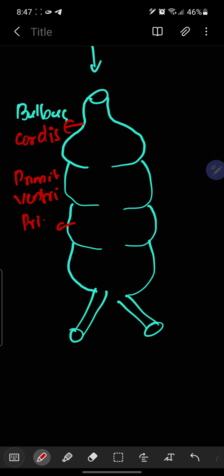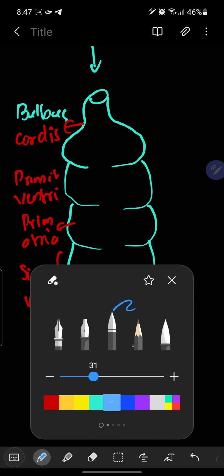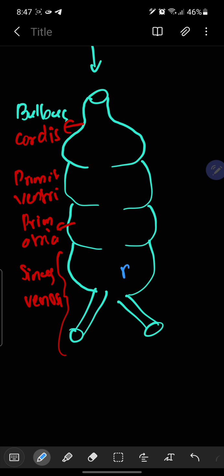This will form primitive atria, and this is called sinus venosus. This is the body part of sinus venosus, and this is the left horn of sinus venosus, whereas this is the right horn of sinus venosus.